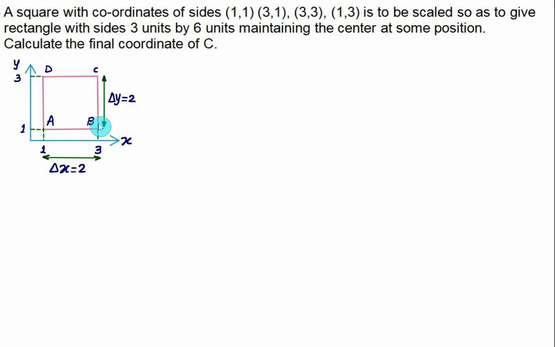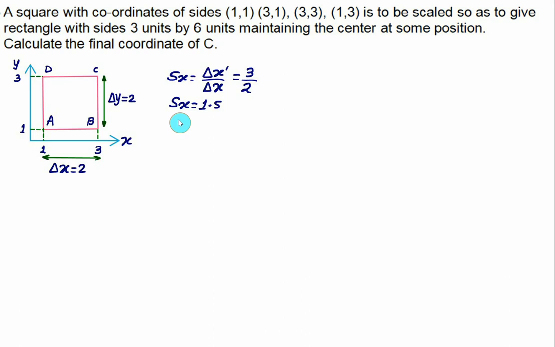For that we require scaling along the x direction. What we desire is delta x prime divided by delta x. We want delta x prime to be 3 units, and delta x is 2, so the scaling along the x direction is 1.5.